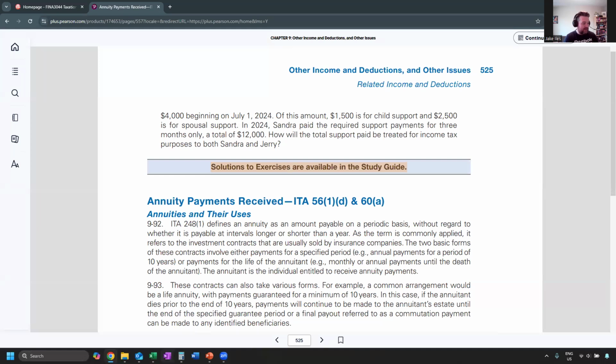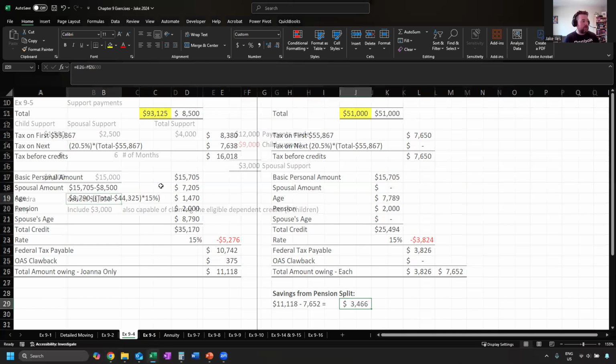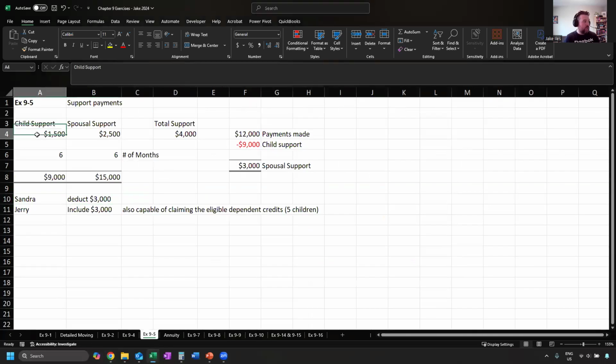Well, where we start is figuring out how much child support payments were supposed to be paid. So child support was $1,500 a month, and there was supposed to be 6 payments. So $9,000 was expected to be paid for child support. Another $15,000 was supposed to be paid for spousal, but we only received $12,000.